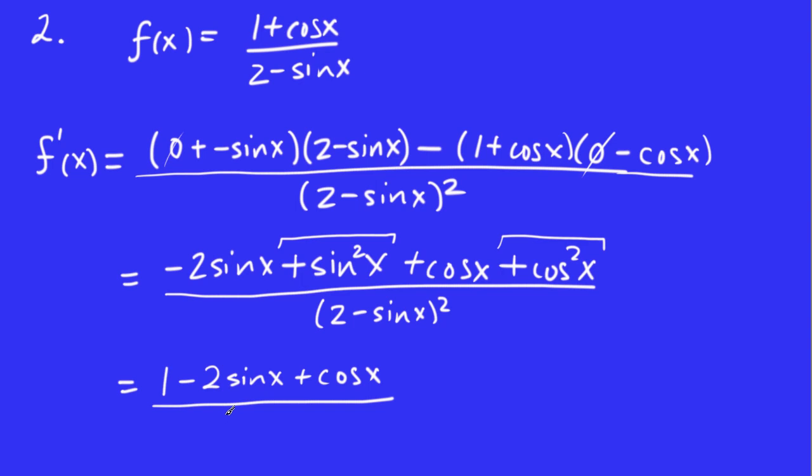And that's all over 2 minus sine x squared. And there's your simplified answer. So you could stop here if you wanted to just find the derivative without worrying about simplifying anything. But if you had to simplify it, I would take it down to here. All right. So let's try another one.